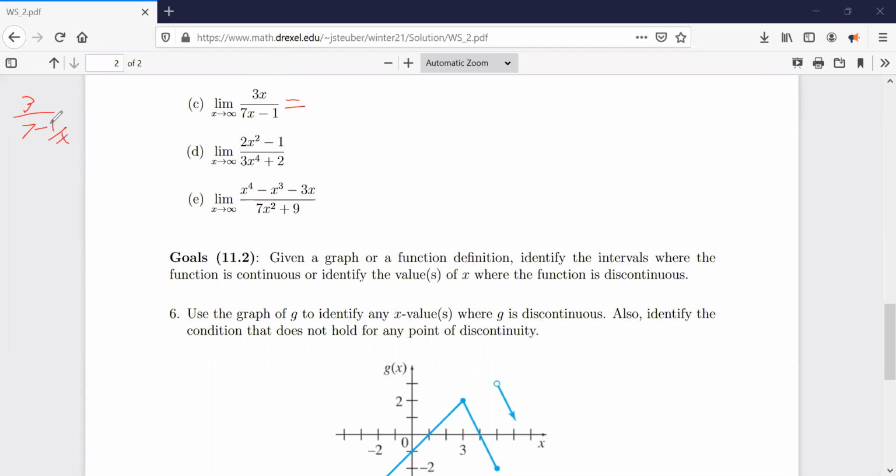And then as x approaches infinity, this guy goes to 0. And that is perfectly correct. I wasn't even being that formal before. I just said, hey, these guys have the same power. Therefore, as x approaches infinity, it's just the ratio of the coefficients, which is 3 over 7.